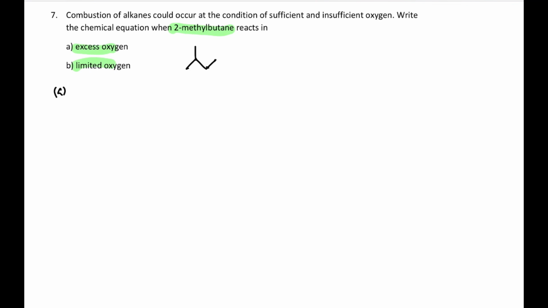So kalau kita buat equation yang combustion ni, tidak wajib buat structural formula, molecular formula biasa aja. Jadi based on nama dia ni, kita draw tadi kan, ada 5 carbons. So C5H12, so the alkane.